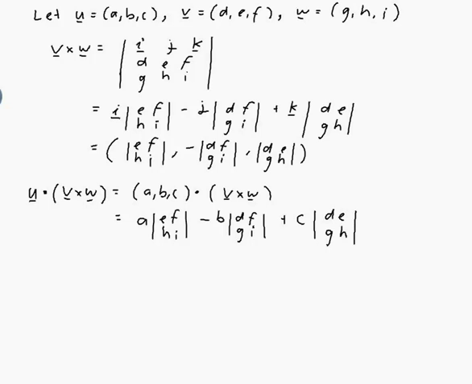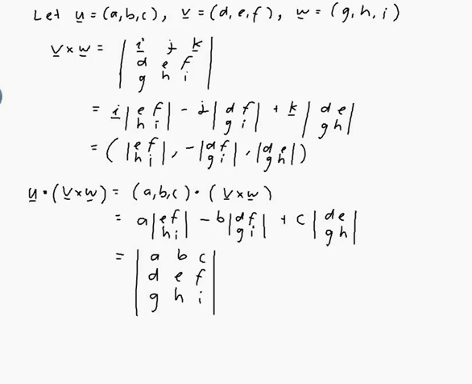Hey, but that's the same as what I had up before, but I've got a instead of i and b instead of j and c instead of k. So in fact, it's the determinant of the 3 by 3 matrix. That 3 by 3 matrix.